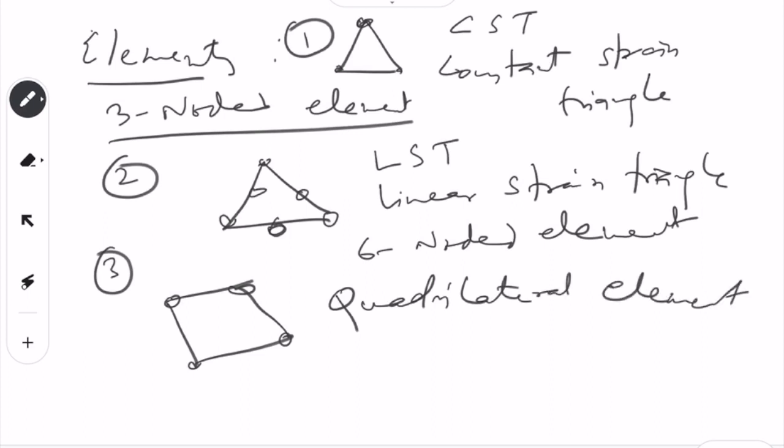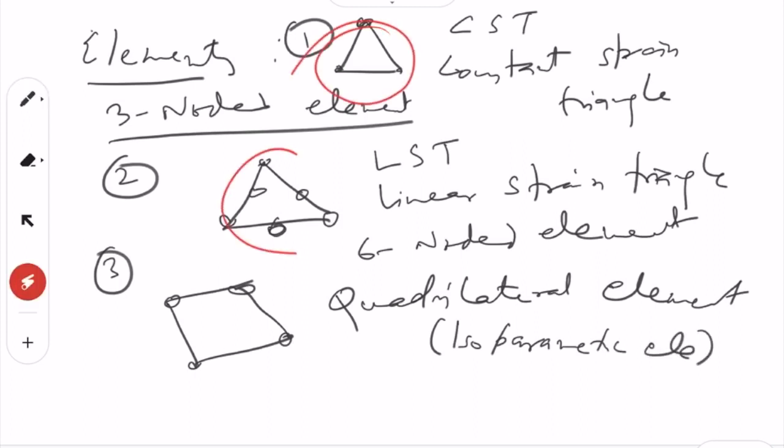We know this will be isoparametric. These can also be solved by using isoparametric elements; we can transform and do it. We will definitely use isoparametric elements so that it is easier to solve.